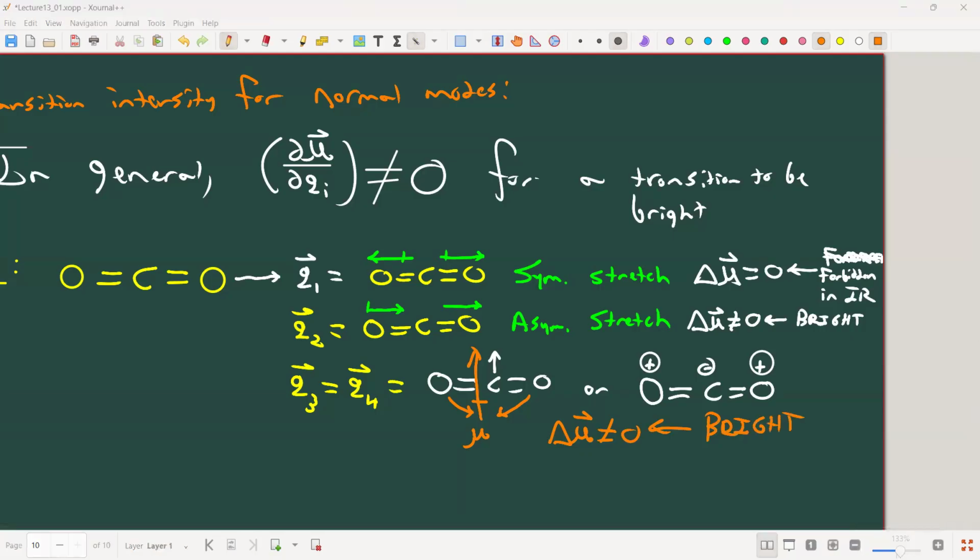All right, so let's go look at the spectrum of CO2. Right, we expect to see two vibrations in the IR. Right? We expect to see the asymmetric stretch. We expect to see the bend.